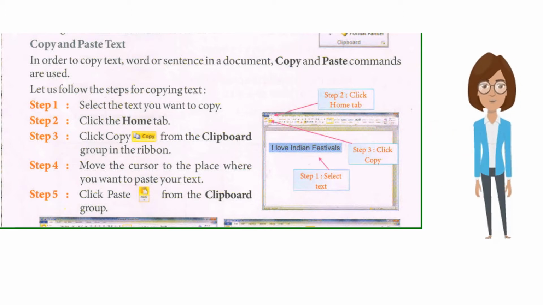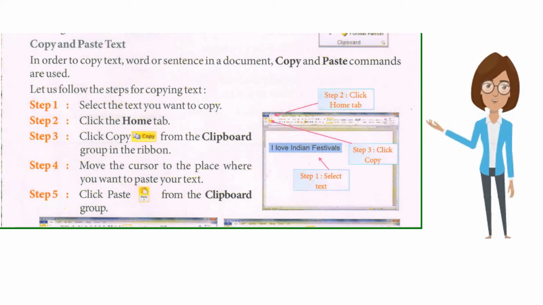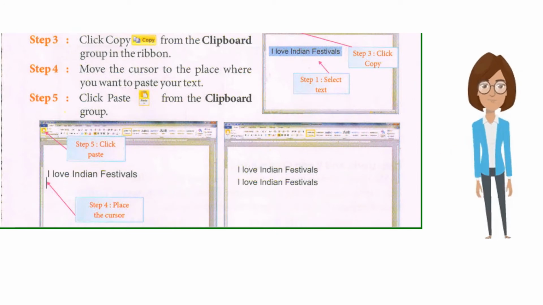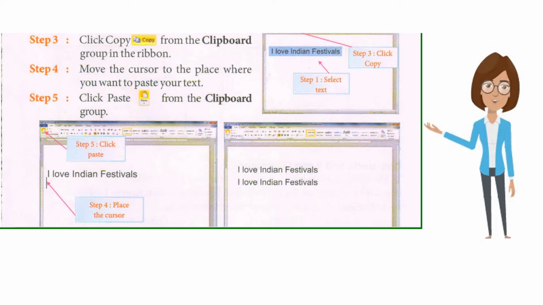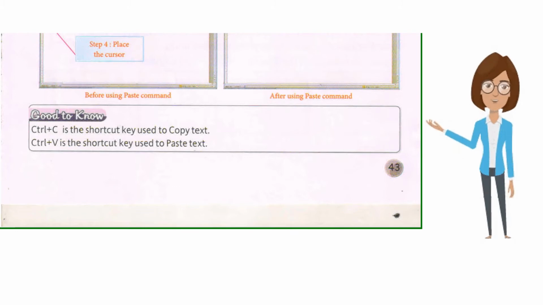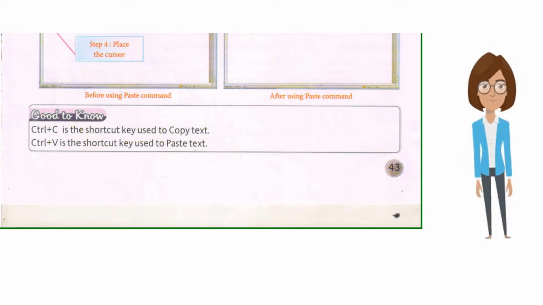Click Copy from the clipboard group in the ribbon. Step 4. Move the cursor to the place where you want to paste your text. Step 5. Click Paste from the clipboard group. Ctrl plus C is the shortcut key used to copy text. Ctrl plus V is the shortcut key used to paste text.